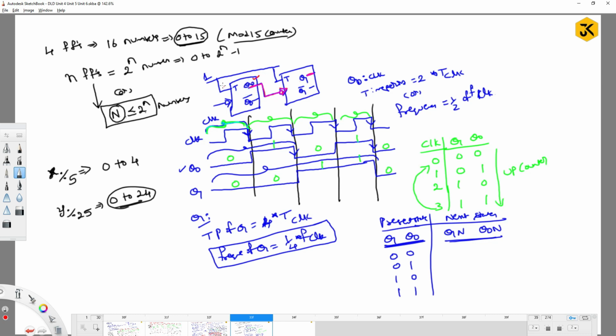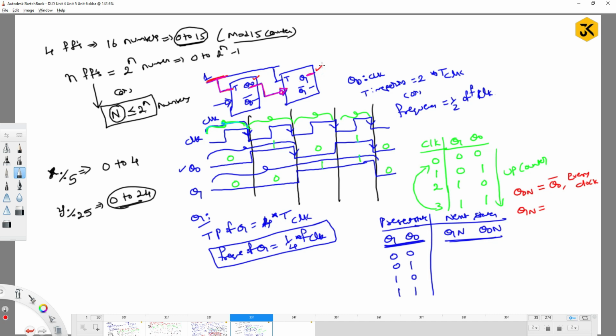Q0n is the toggle of, as I have given here 1, the toggle of Q0 itself, right? So Q0n is the toggle of Q0, which is going to work for every clock. Am I right? Yes. What about the Q1n?